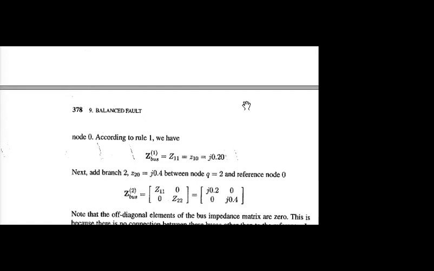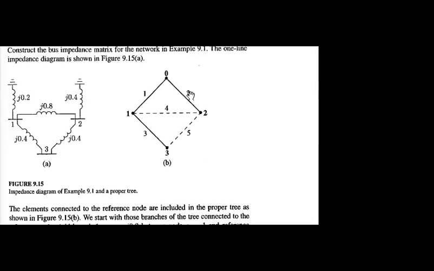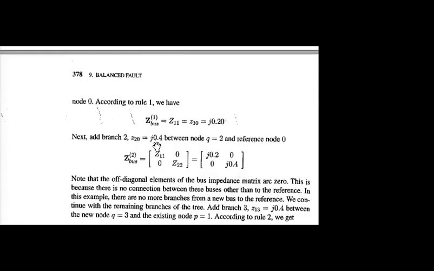Let's see the third scenario. That means when we consider the third branch, which does not have a connection to the reference node, it is connected between node 1 and 3, right? For this case, you have values for the off diagonal elements as well. This is the bus 3 scenario, and for bus 3, Q is 3. That means P should be 1.